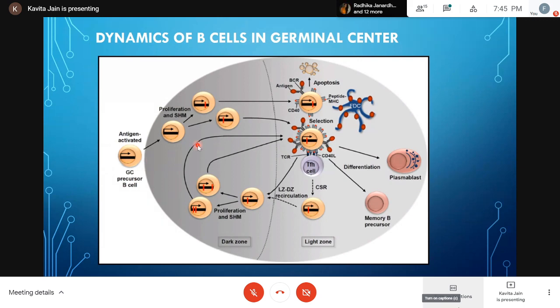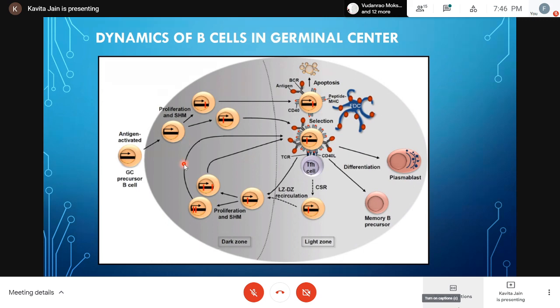Over many days, they keep on proliferating as centroblasts. They differentiate into blasts, and they just keep on proliferating, and then they form the germinal center. The germinal center is divided into the dark zone and the light zone. The dark zone comprises dark hyperchromatic cells, and the light zone, as the name suggests, comprises light open chromatin cells.